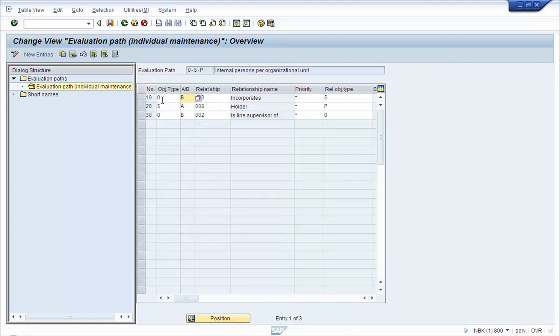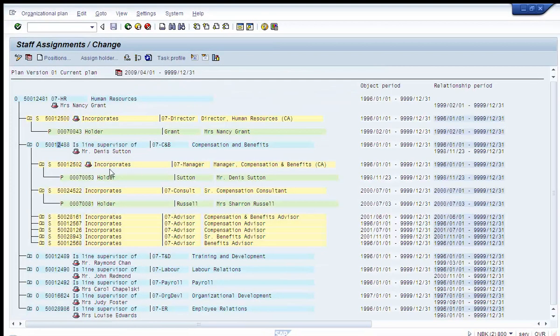So the way to read this would be, an org unit incorporates the position S. When you look at the org structure, an org unit incorporates the position S.